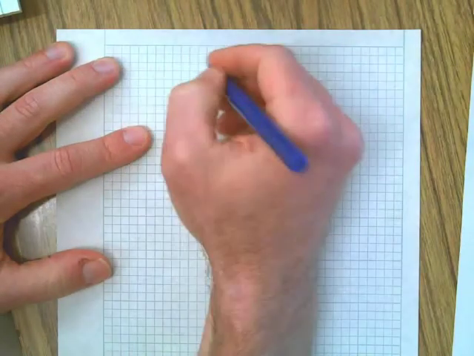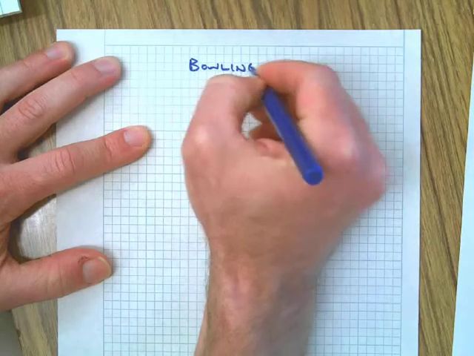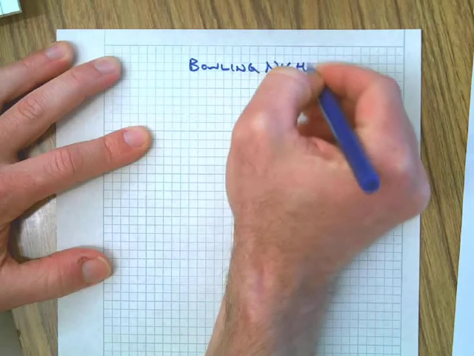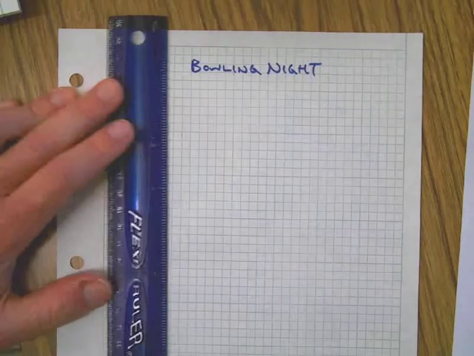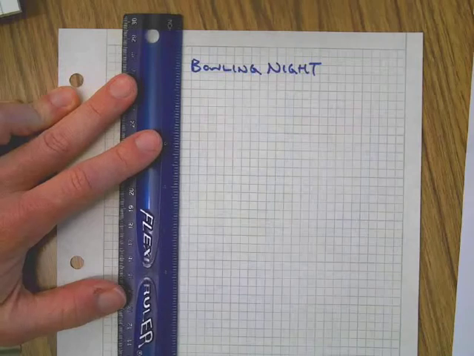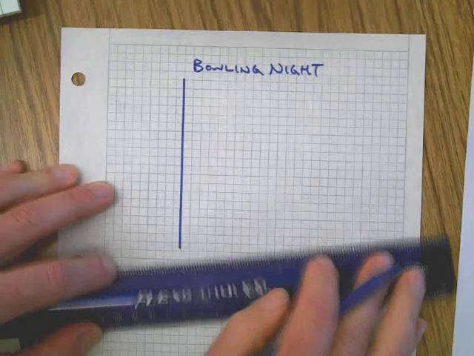So, every good graph has a title. We'll give this a title, Bowling Night. Since these are all going to be positive values, I'm just going to use a first quadrant graph. That's big enough, I think.